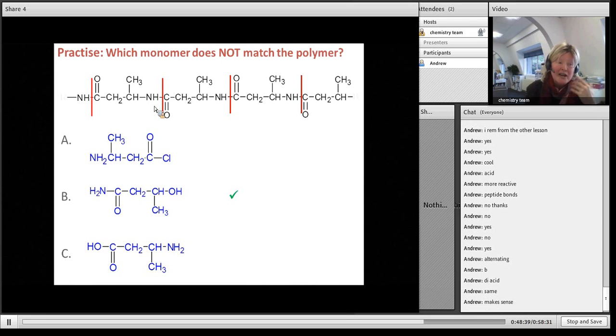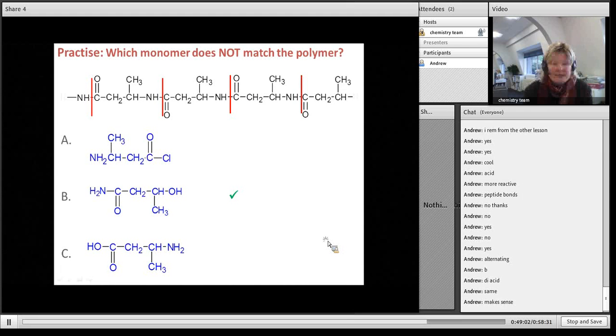Okay, sorry, I made myself muddled by doing a negative, and I hate doing double negatives because I always get myself muddled. So why we can say B will not match this polymer is because that would make an ester link, because the OH would react with this carbonyl and kick out an NH2, so we wouldn't get peptide links.